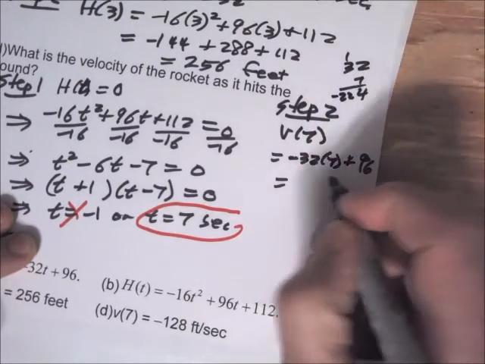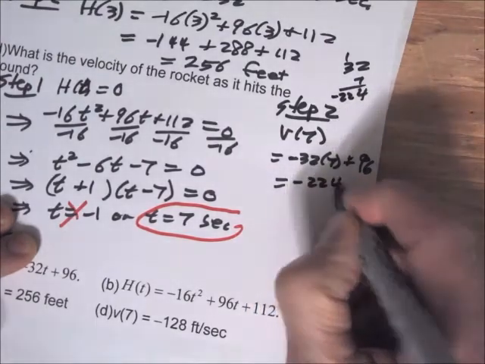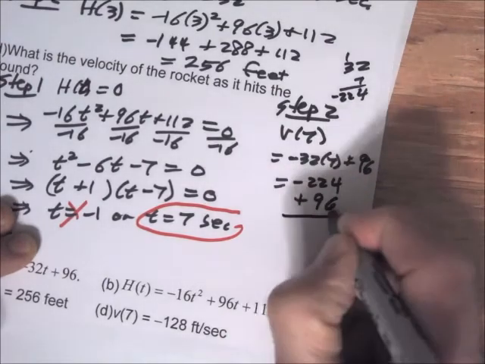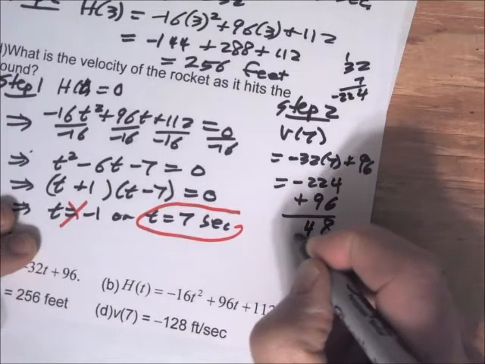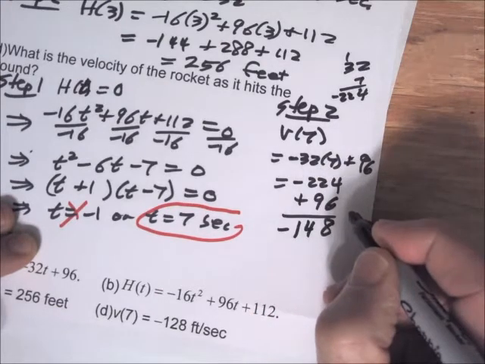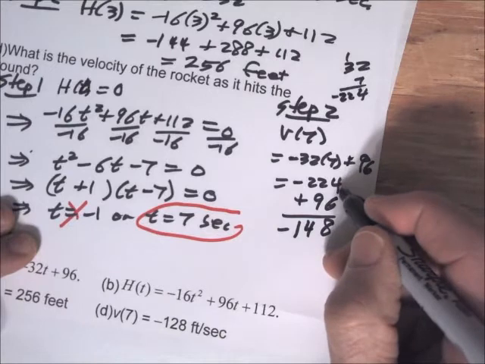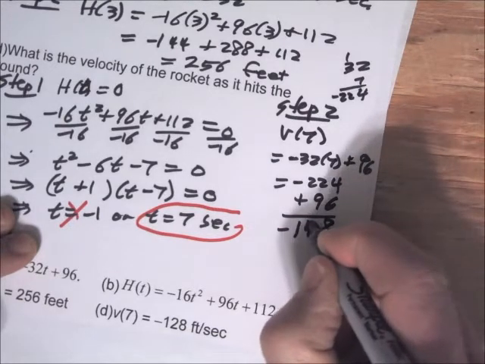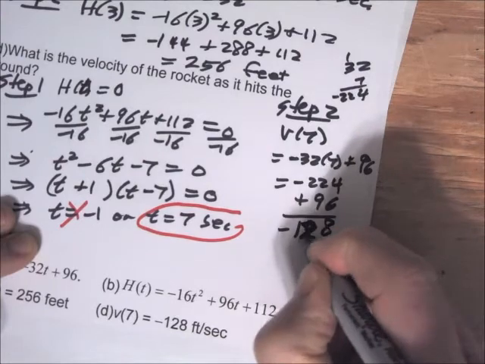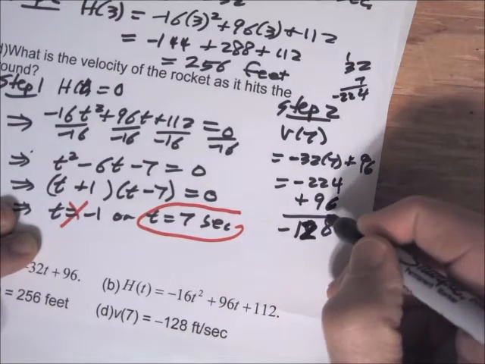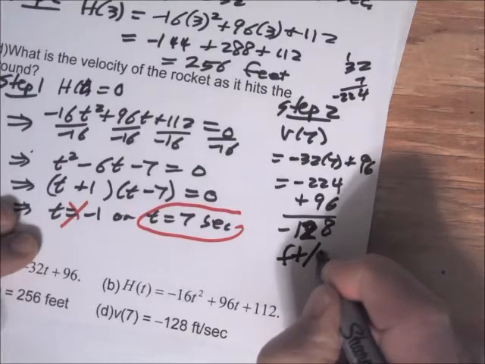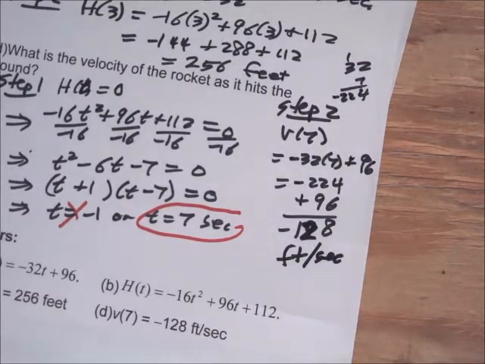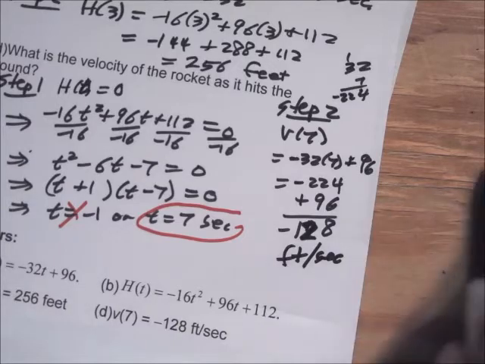Minus 224 plus 96. Okay, so it's negative 128 feet per second would be the velocity as the rocket is hitting the ground.